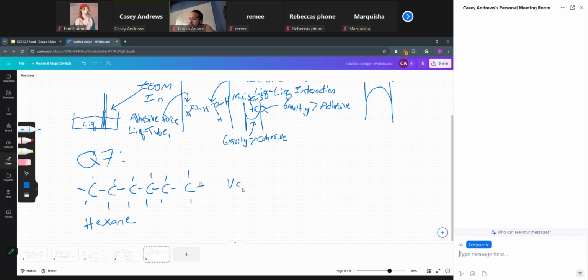And we're going to put that up against water. So my question is, which of these substances would climb higher in a tube? So I have hexane and I have water.